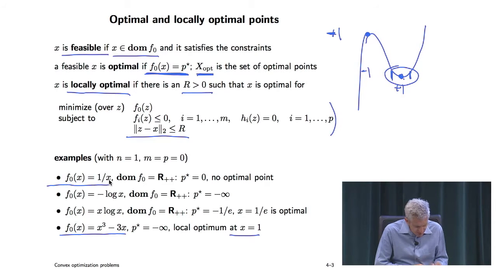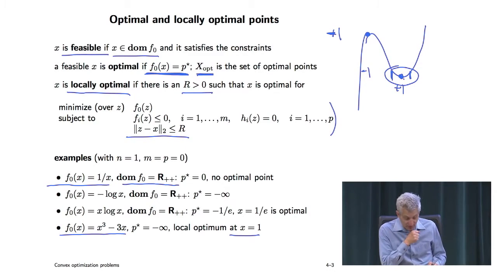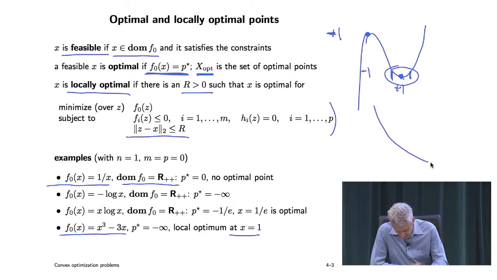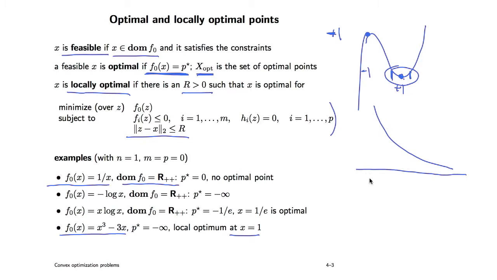So first it says let's minimize 1 over x. And here x has to be positive, right? That's because that's the domain. That's the declaration of the domain of f0. And in this case, there's no optimal point, right? Because we go something like this. Here's x. The larger x is, the smaller 1 over x is.